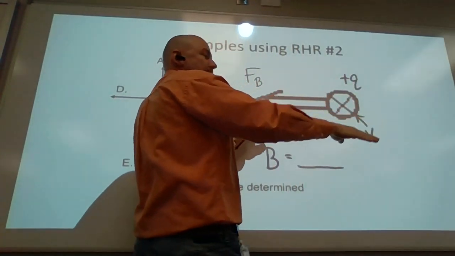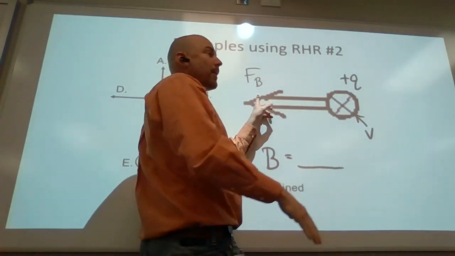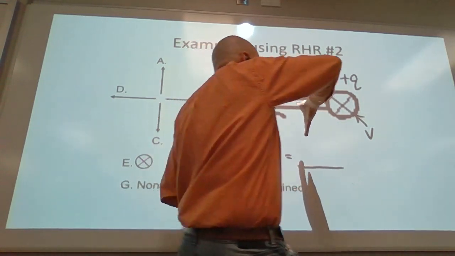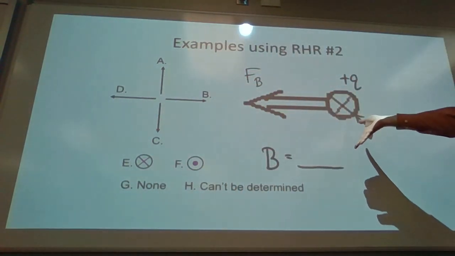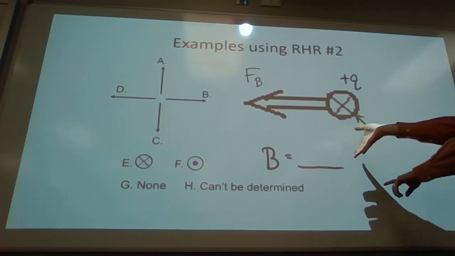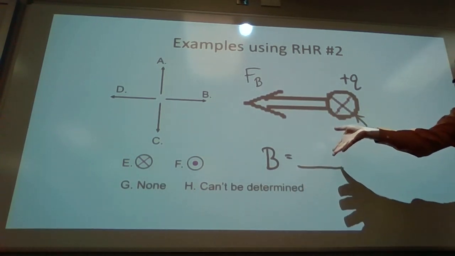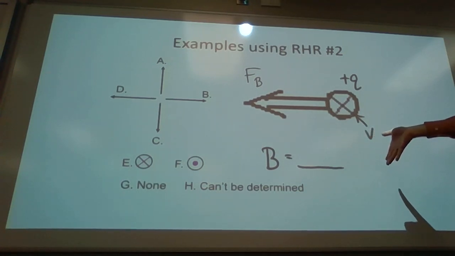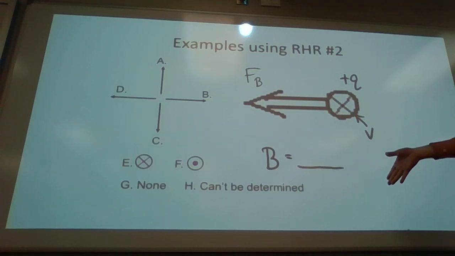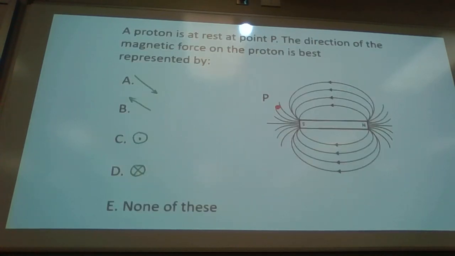What does this go with? Palm, because it's positively charged. So you rotate it until your palm is facing to the left. And you're looking for fingers. Fingers are going down. C. Good with that? Okay. Next question.